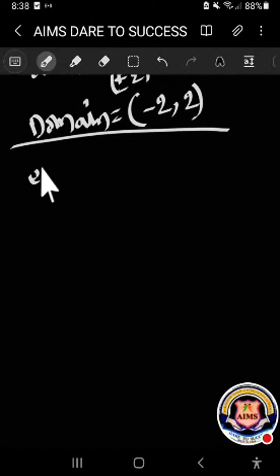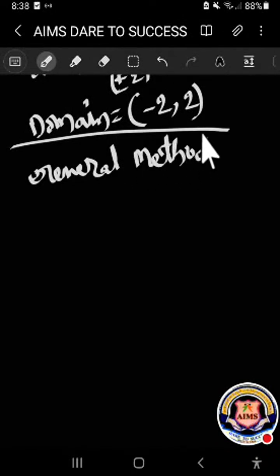Now we can take the general method for the same problem. General method. Why I am explaining the general method is that the general method is for board exams.